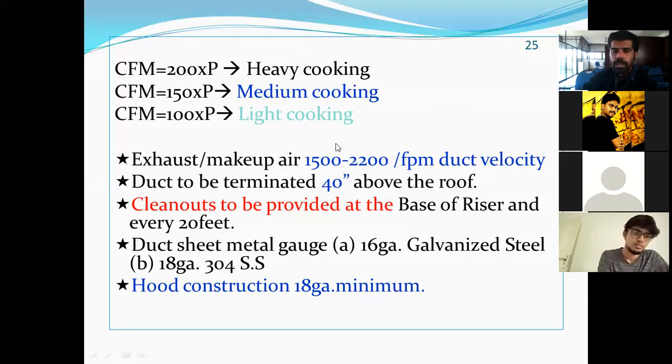When sizing the duct, or getting the dimension of the duct, we need two values. One value is the CFM. The other value is this FPM. When you have these two, we can find the size of the duct.